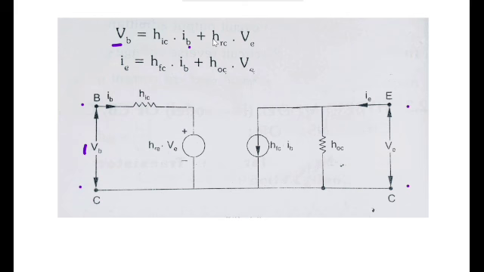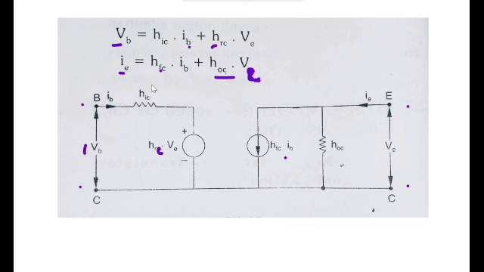This is the reverse voltage gain, RC. In the second equation, IE is equal to HFC into IB plus HOC into VE.